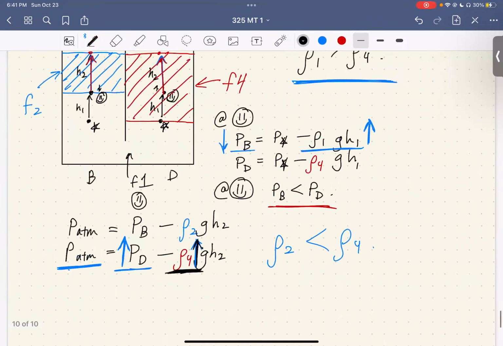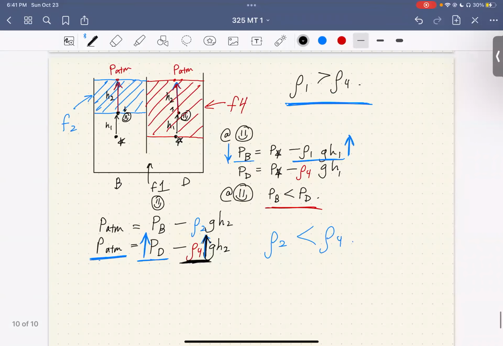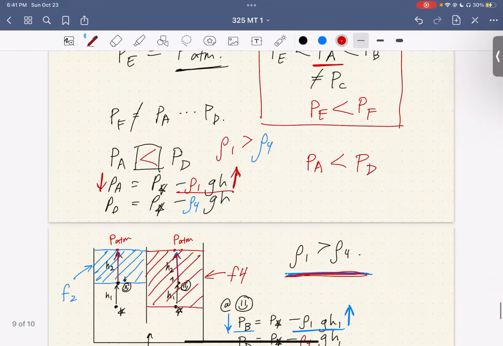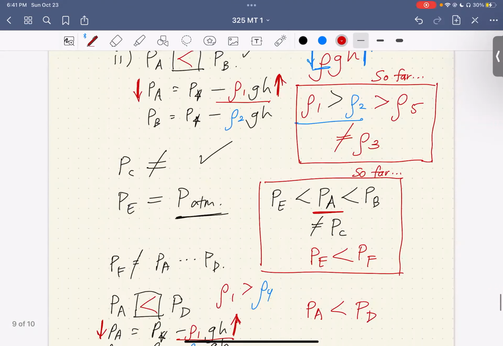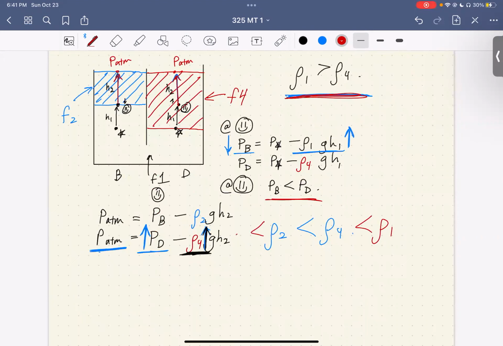Now let's finally bring this all together, right? So we know right here, we wrote right above, rho 1 is greater than rho 4. Great, just like that. And we also know from here, rho 5 is less than rho 2.